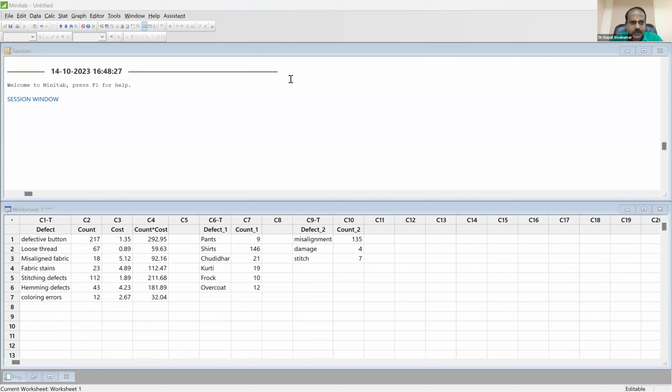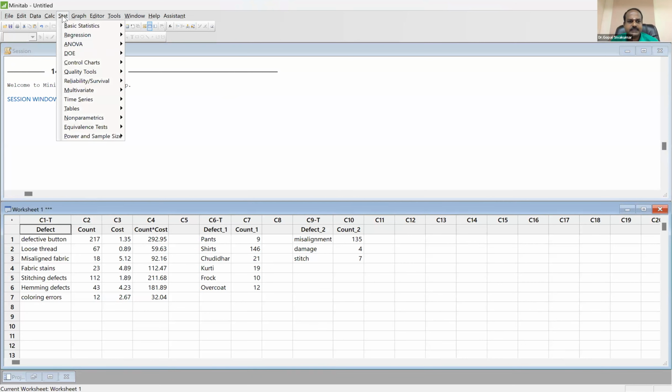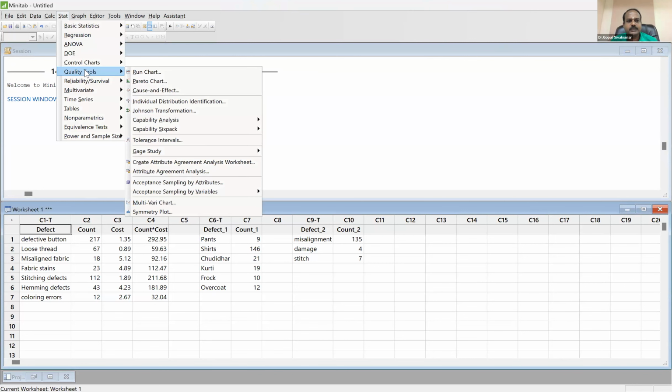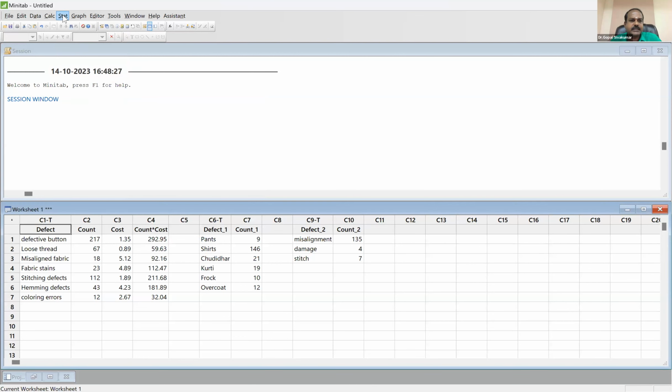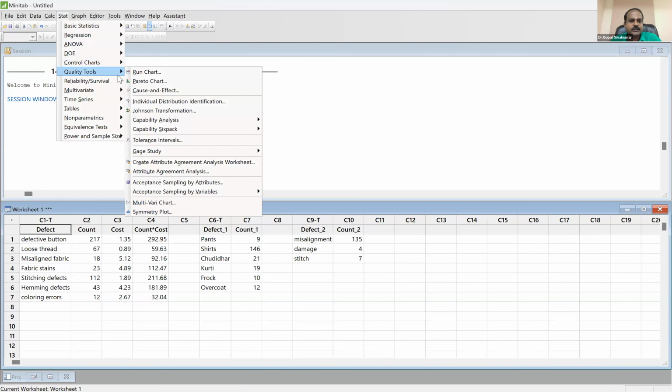All right. So now I want to visualize this information so that the management of the company can better understand what is happening in their shop floor. So I click Stat, then I come to Quality Tools, then I come to Pareto Chart.